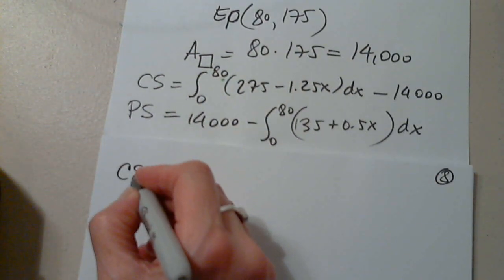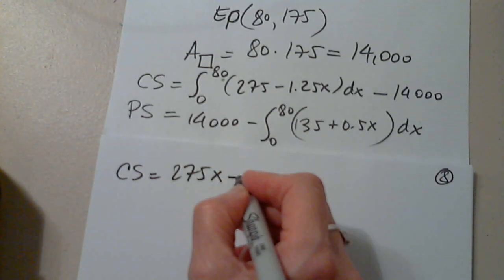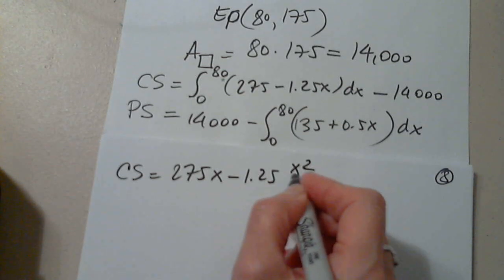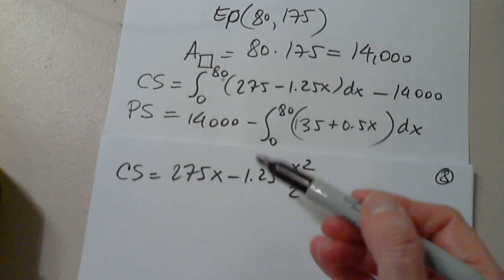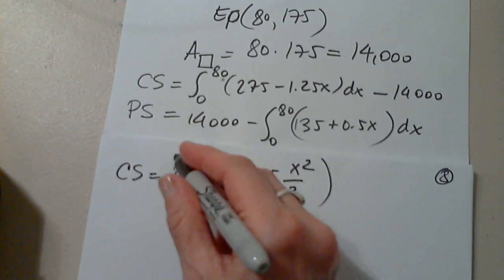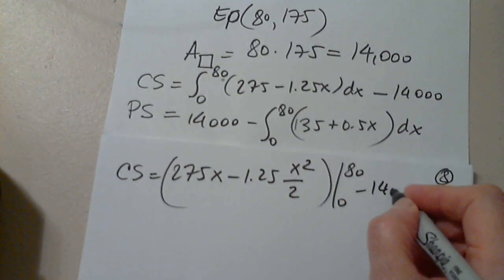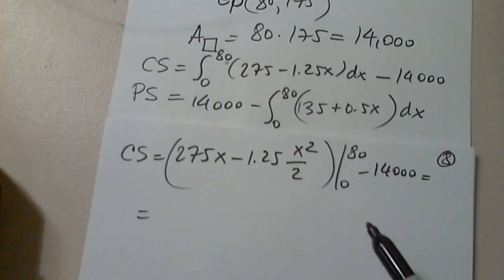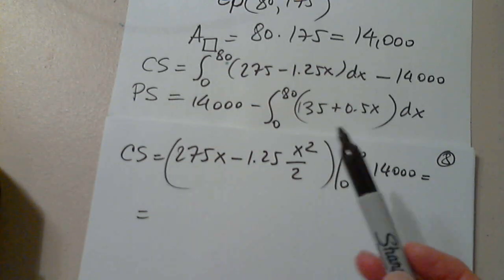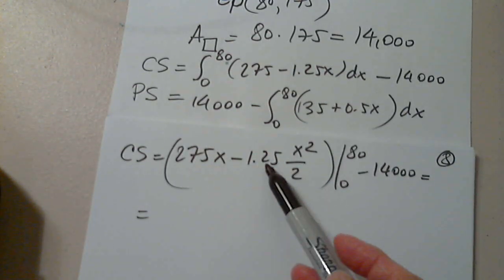Okay, so the consumer surplus: 275x minus 1.25 times x squared over 2, from 0 to 80, minus 14,000. Luckily for us, this is a polynomial. I only care to plug in 80 because when I plug in 0 it is 0.